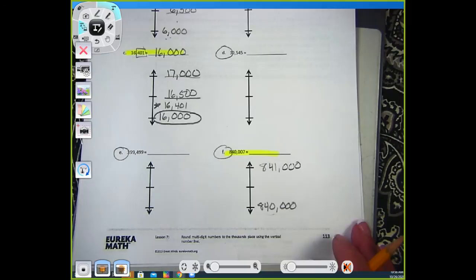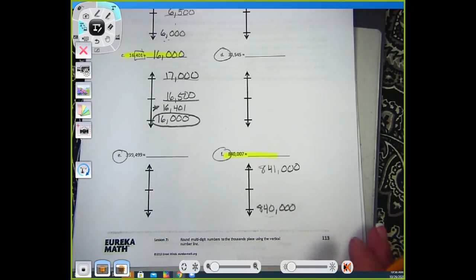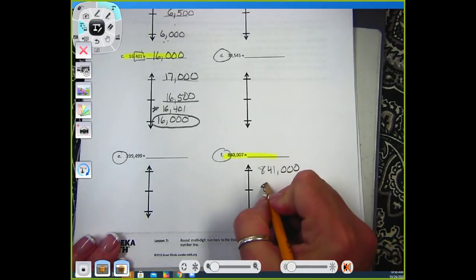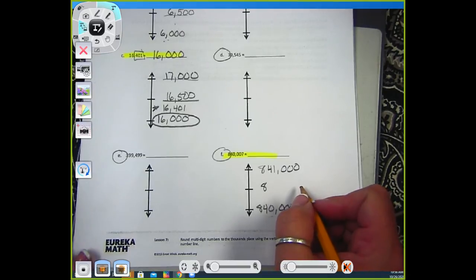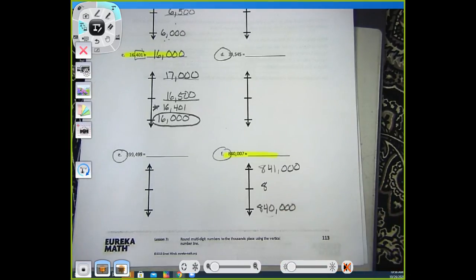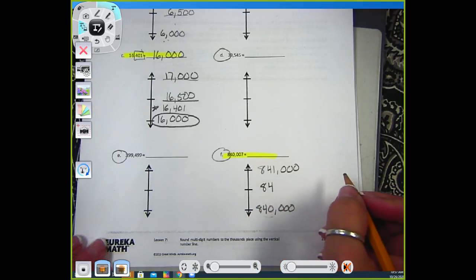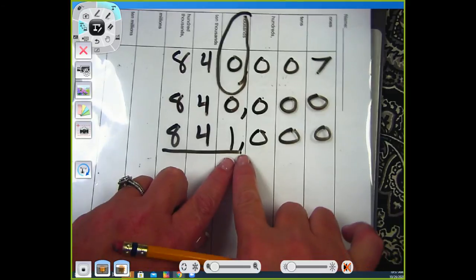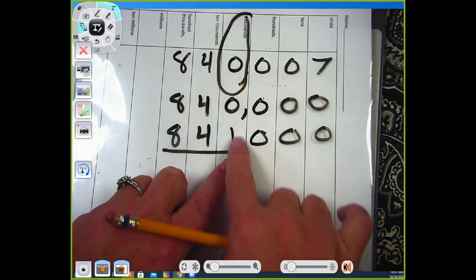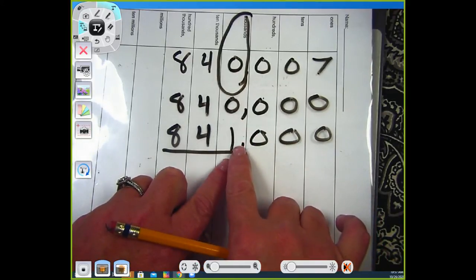So if I put my place value chart up, I'm really between here and here, between 0 and 1,000.